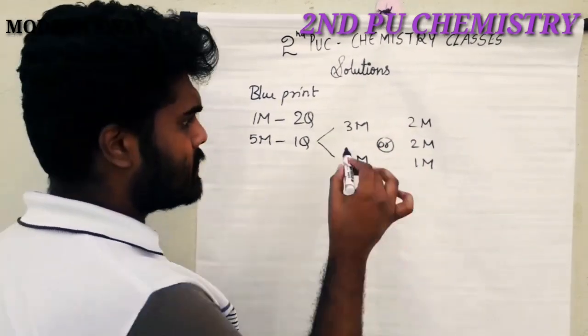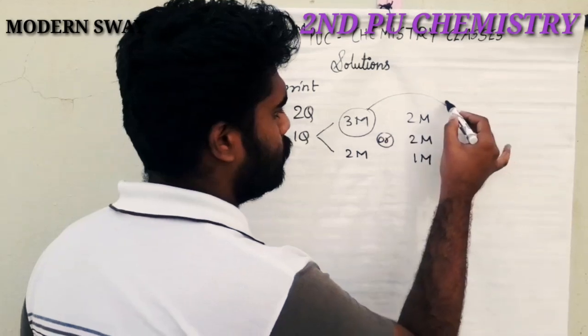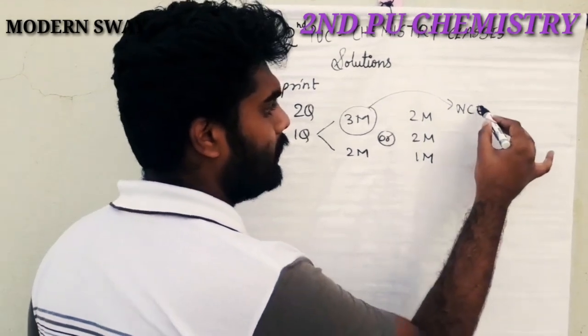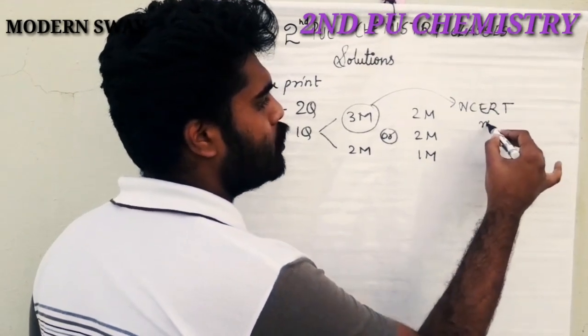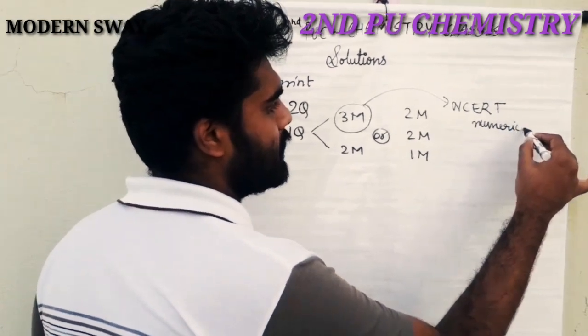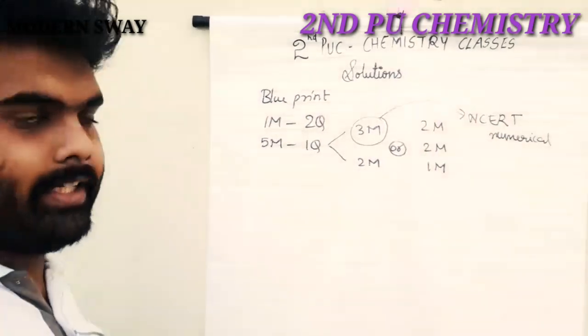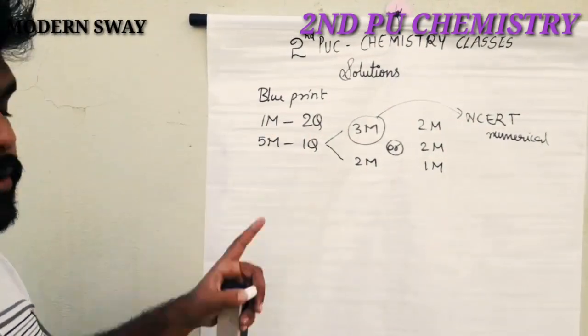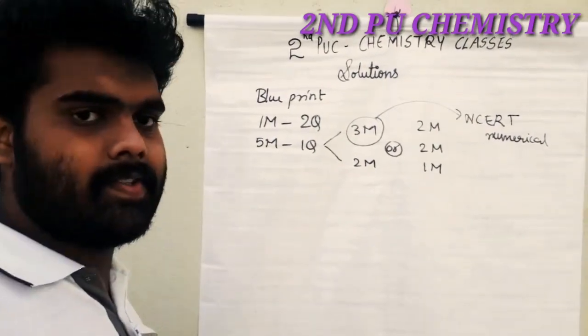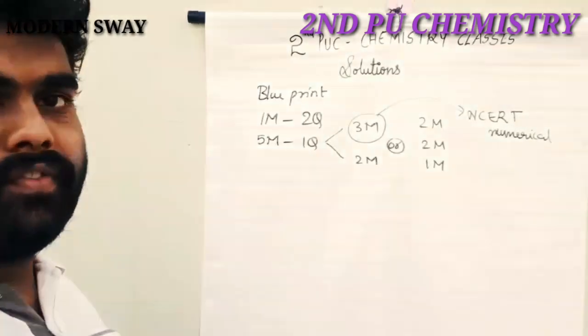One of the questions will compulsorily be an NCERT numerical. This is a physical chemistry chapter, right? So there will be one NCERT numerical. The 1 mark questions we'll discuss as we go in our further videos.